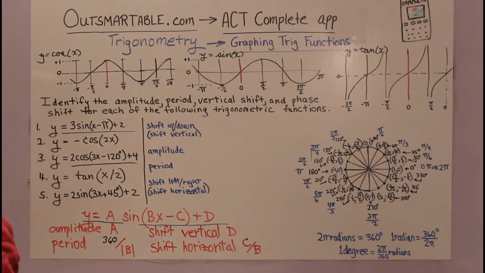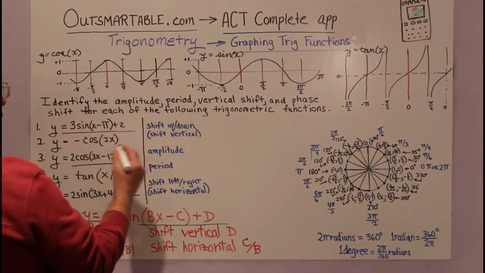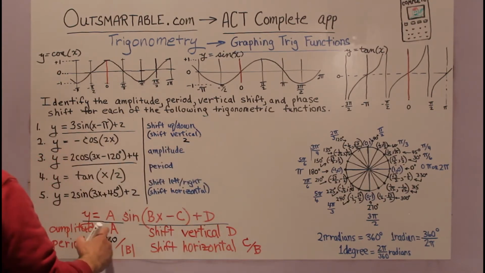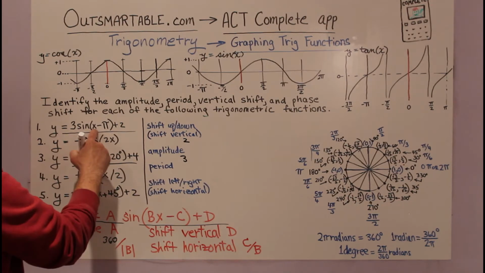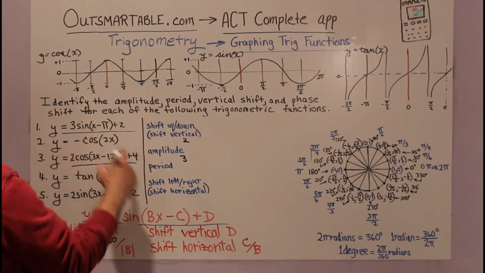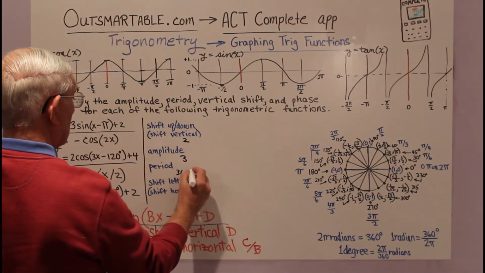Let's try one of these problems to see how this works. I always like to start with the shift up or down. In this case, 2. The amplitude A is 3. The period is not altered. The coefficient B is equal to 1, so that's 360 degrees.